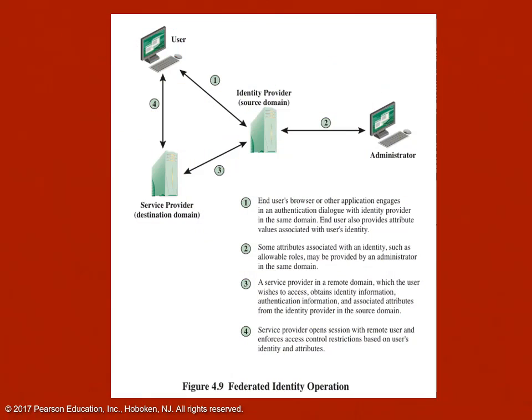Federated identity operation. The figure illustrates entities and data flows in a generic federated identity management architecture. The identity provider acquires attribute information through dialogue and protocol exchanges with users and administrators.